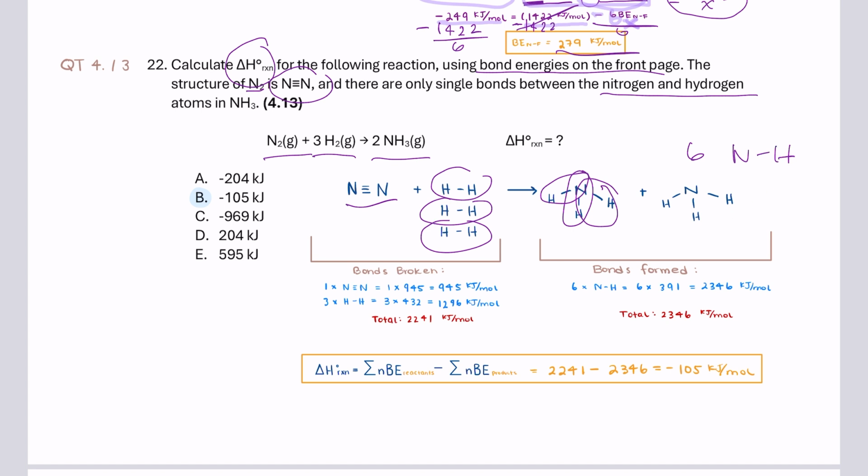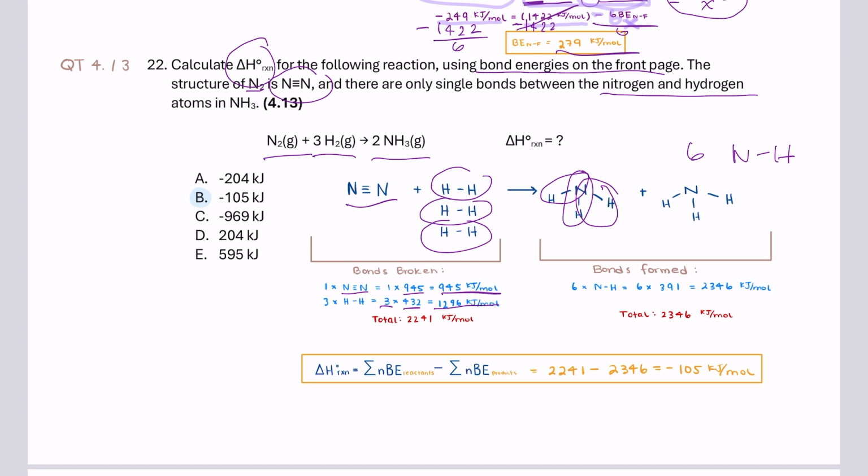Now we calculate the total energy required to break the bonds in the reactants. Breaking a nitrogen-nitrogen triple bond takes 945 kilojoules per mole. Breaking the 3 hydrogen-hydrogen single bonds takes 3 times 432 kilojoules per mole.